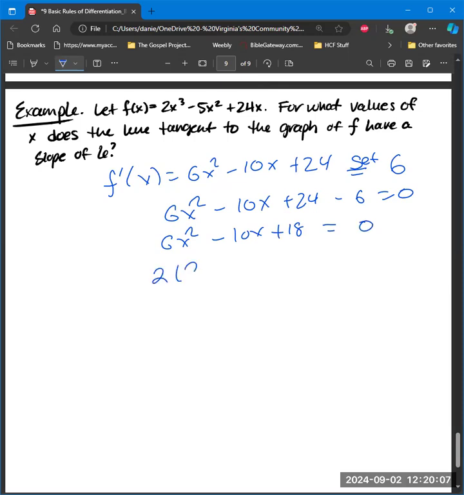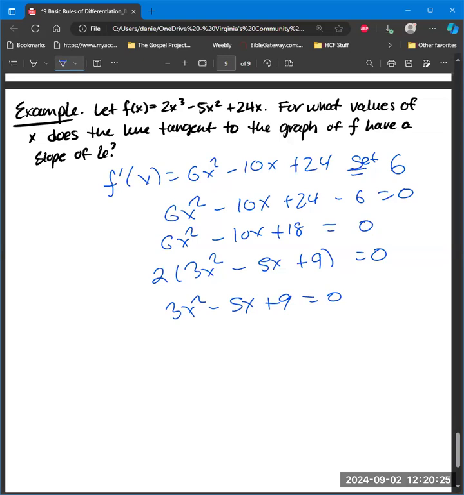I'm going to pull out a 2 here to make my life easier. And that means that 3x squared minus 5x plus 9 has to be equal to 0, since 2 is not 0 and the product has to be 0.